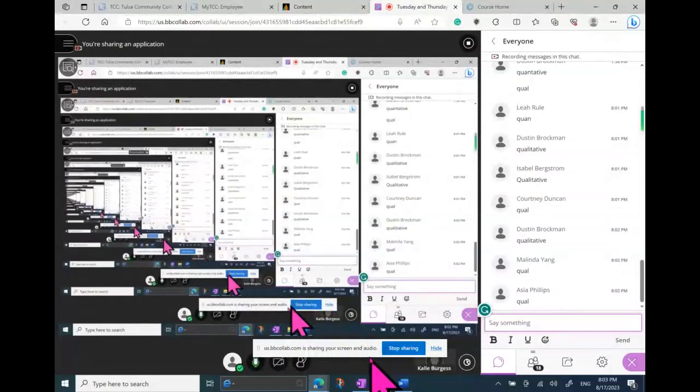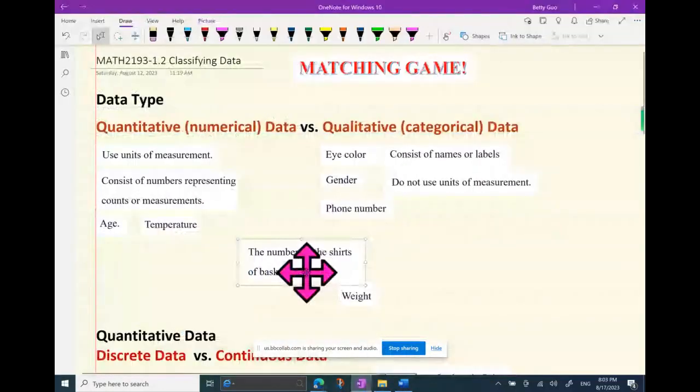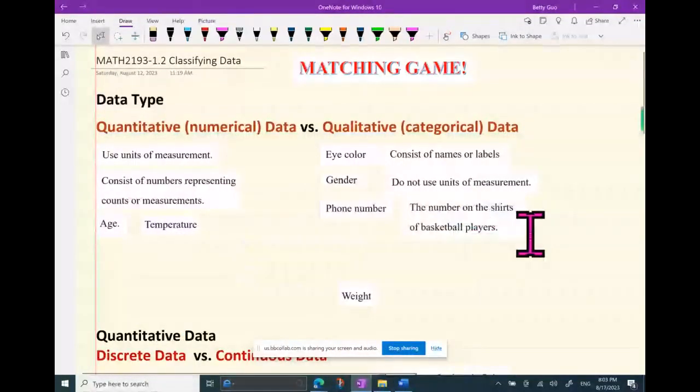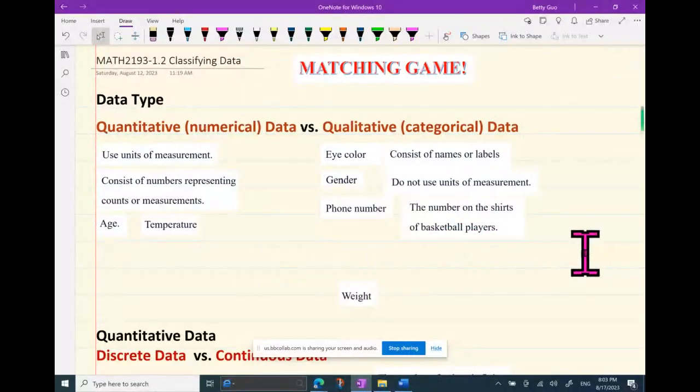It is also qualitative. Exactly. Even though it's a number, it's basically a label. It represents the person's name. Even though this is a number, it doesn't count or measure, so similar to the phone number, it is categorical or qualitative.